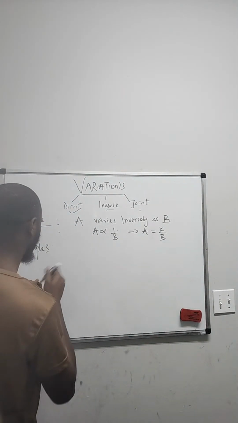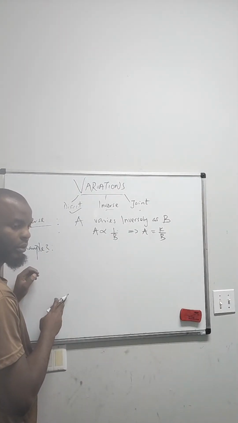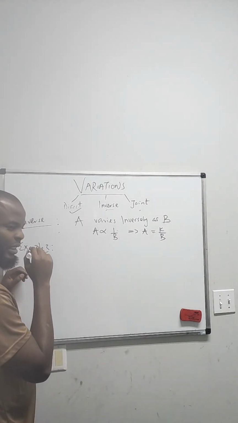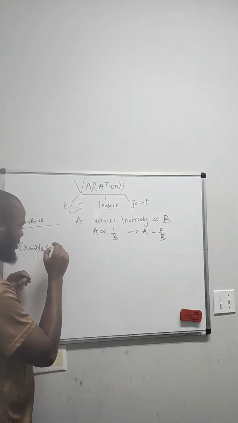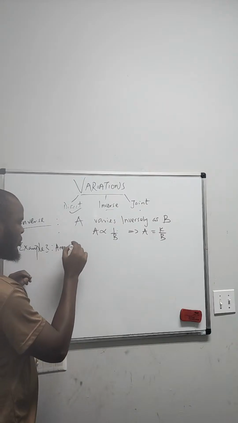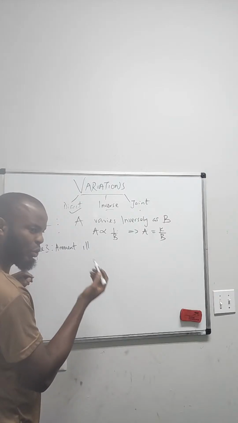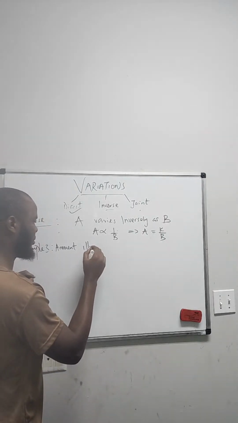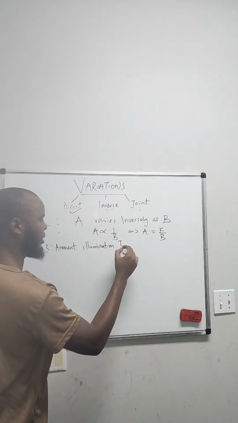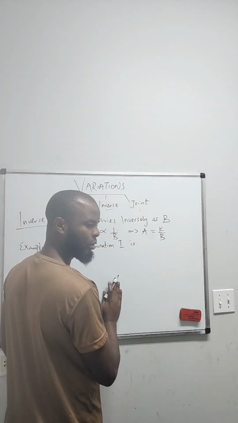Now, let's read another example. The amount of illumination I is inversely proportional... The amount of what? Illumination. That's light. Illuminate, right? Light. Is proportional to the square of the distance.